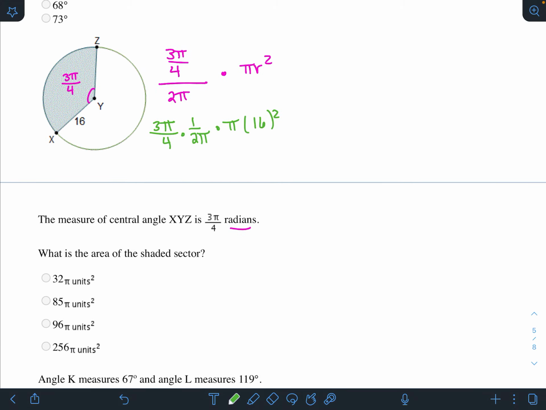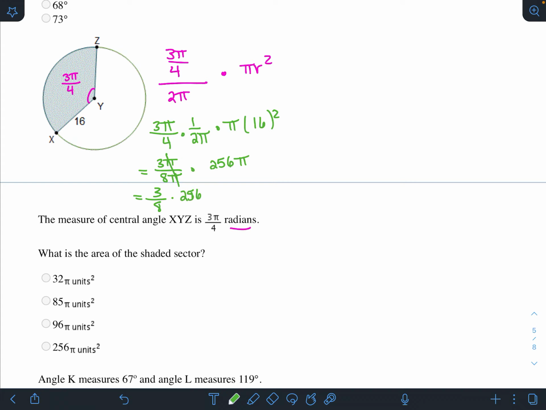Now I can do some simplification. Multiplying together these numerators, 3 pi times 1 is 3 pi, and 4 times 2 pi is 8 pi. 16 squared is 256, and I still have that pi hanging out there. Okay, in the numerator here we have a pi, and in the denominator we have a pi, so those are going to cancel each other out. And we get 3/8 times 256 pi.